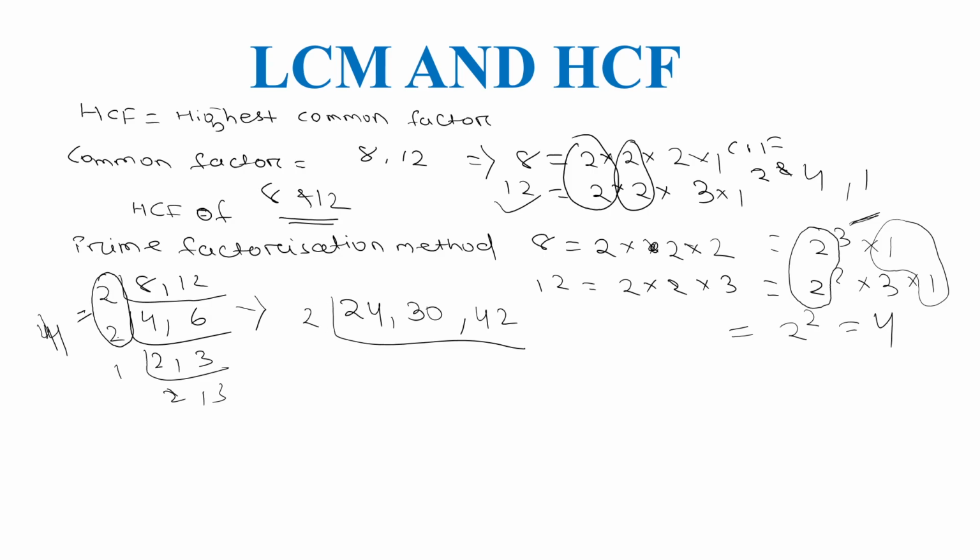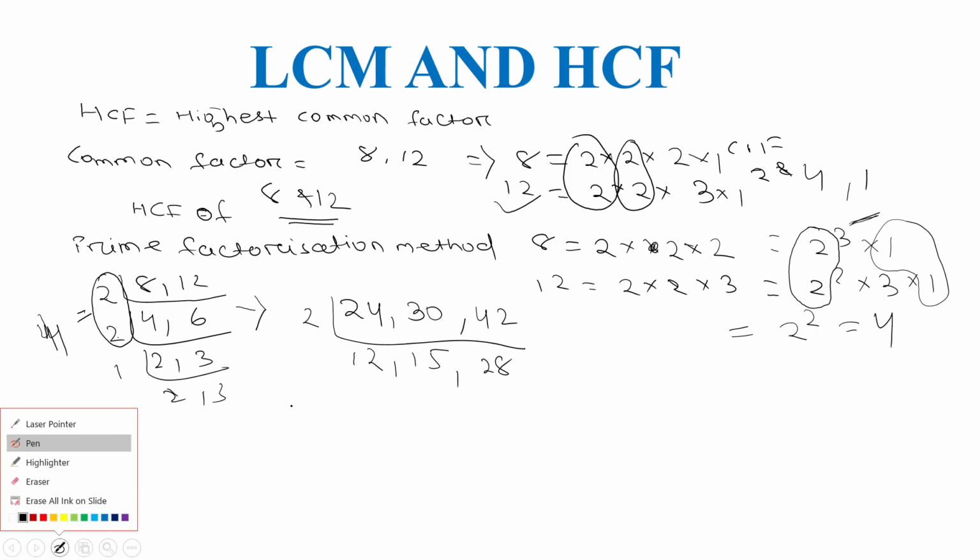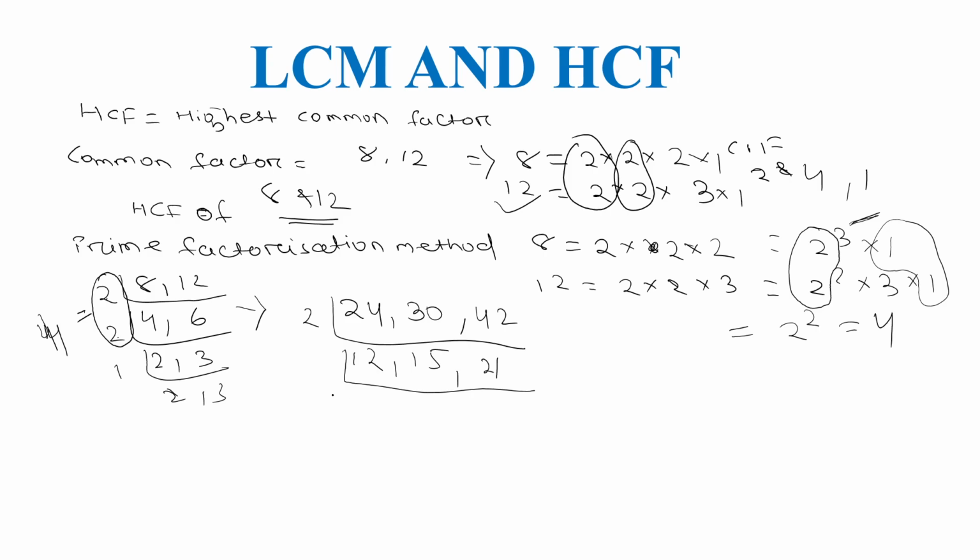Okay, 2, then it should be 12, 15 and 21. Again, can these three be divided by 2? No, they will not, because 15 is there. So let us take 3.